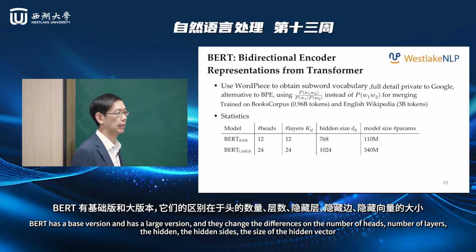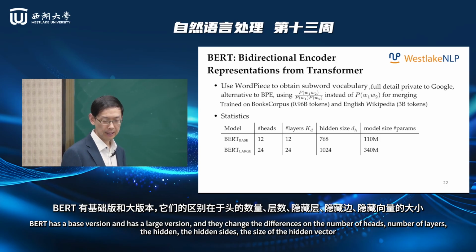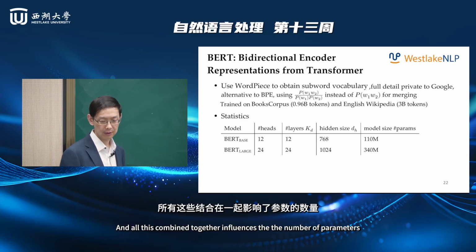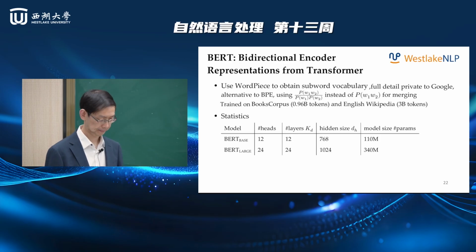Okay? So BERT has a base version and a large version. And they change the differences on the number of heads, number of layers, the hidden size, the size of the hidden vector. Okay, and all these combined together influence the number of parameters.